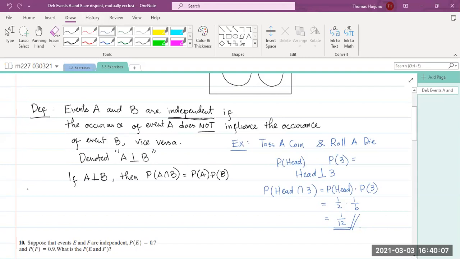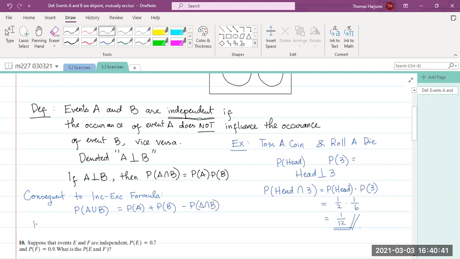Now, the consequence to the addition formula, or inclusion-exclusion formula, is that the general formula is probability of A union B equals probability of A plus probability of B minus probability of the intersection, right? That's the general formula.